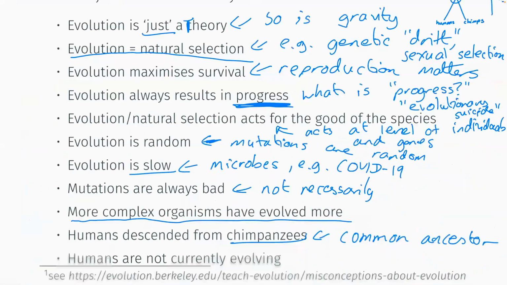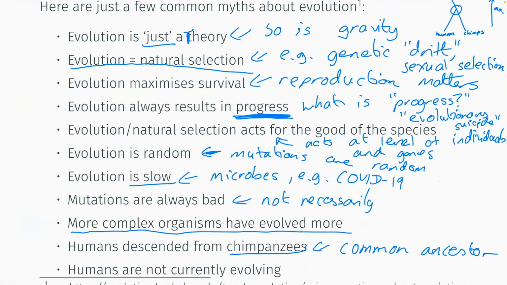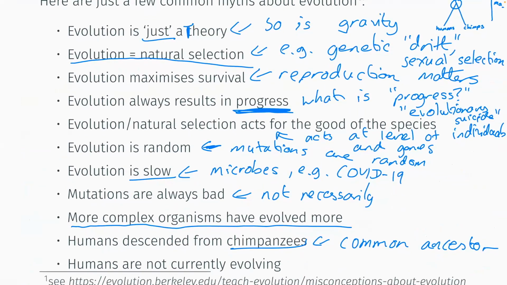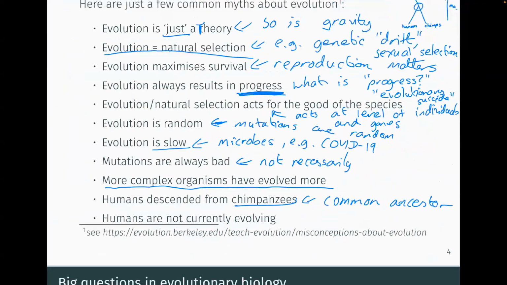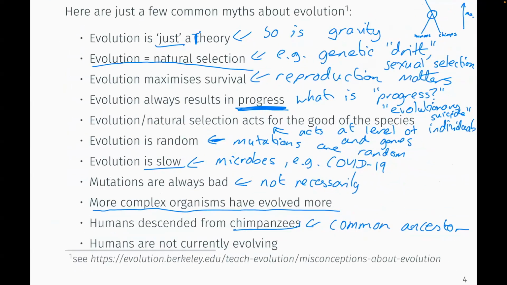We might talk a little bit about phylogenies in this course, but mainly not. There's actually going to be a course in the spring of next year that will talk about phylogenetic trees a lot. Humans are not currently evolving, we are. That's another common misconception, this idea that we've reached some endpoint. We are still evolving.